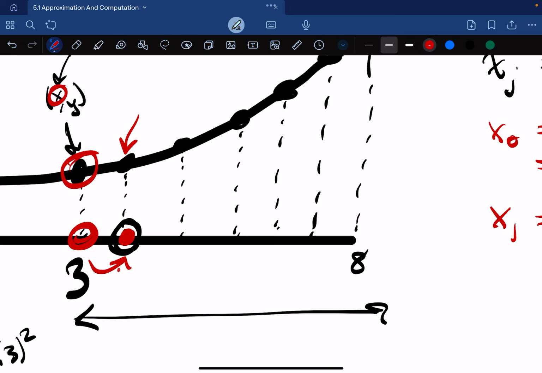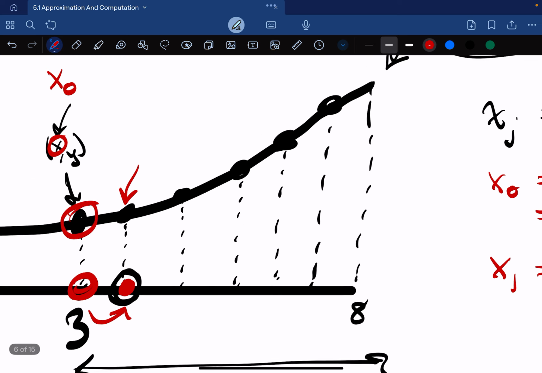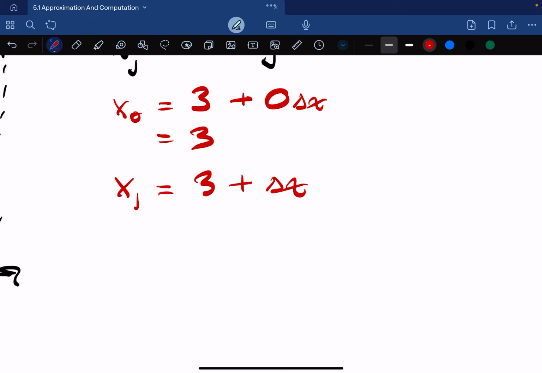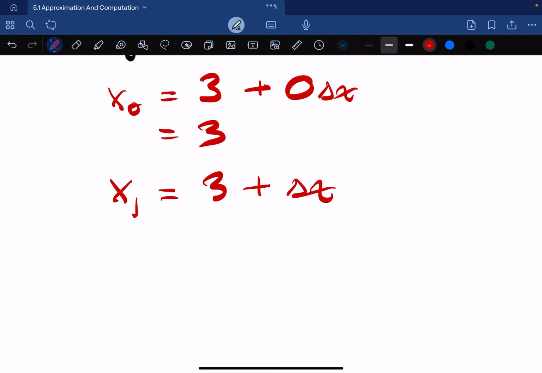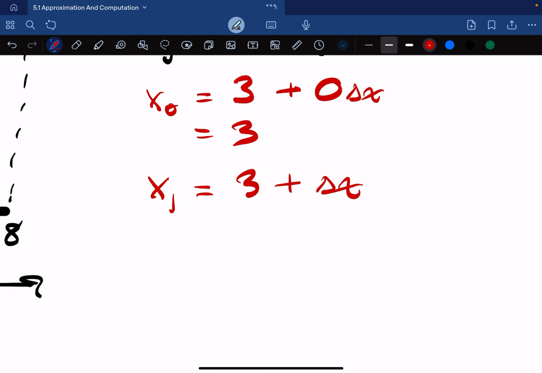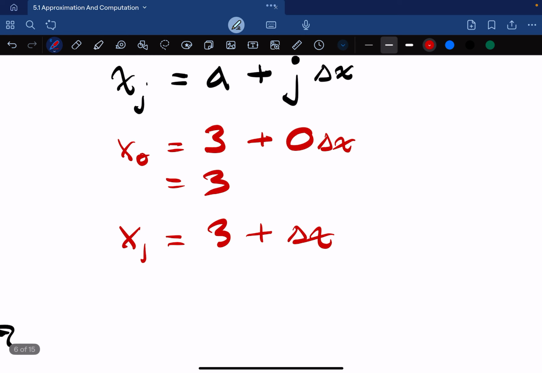Now, how would I find this point? And remember, since this is x of 0, this point is going to count as x of 1 now. I've already written down the formula for x of 1, slightly altered to make it nicer to see.